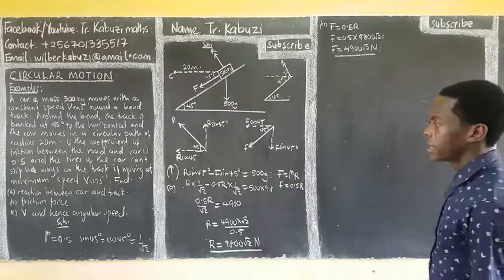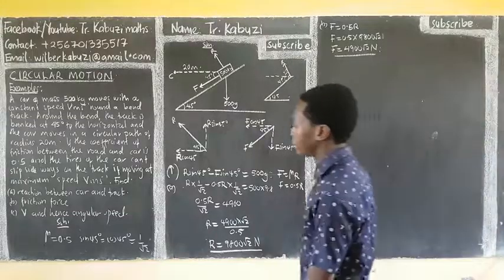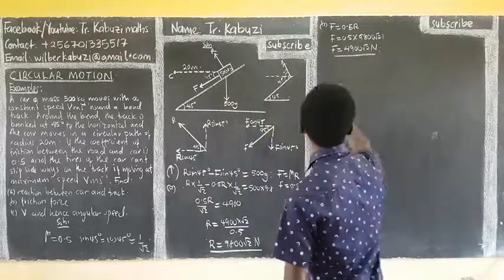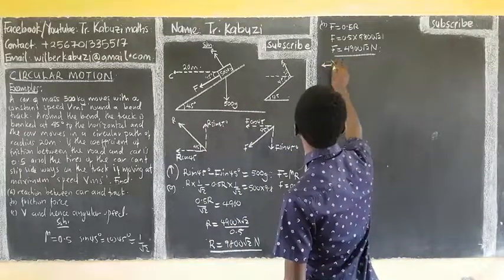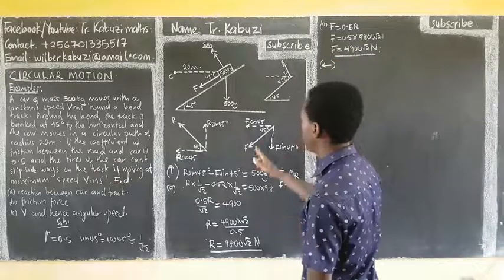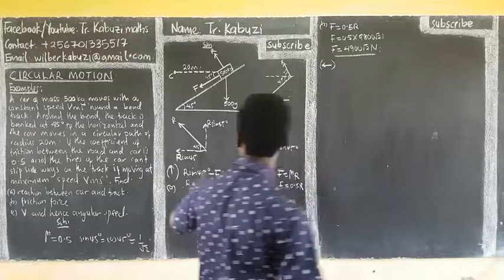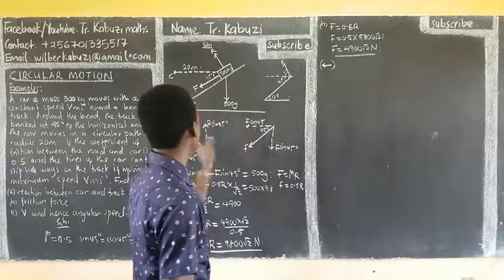Now they want us to get the velocity. Whenever they ask you to get the velocity, you always resolve horizontally. So let us resolve in this direction. We have this and we have this, then we also have this going in that direction.